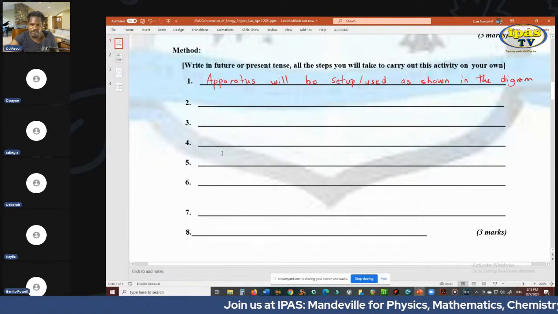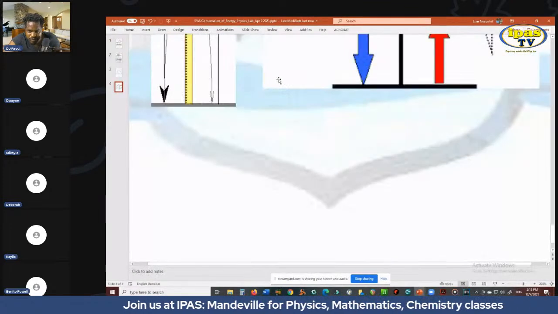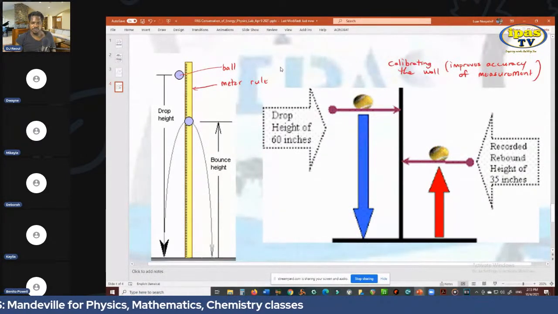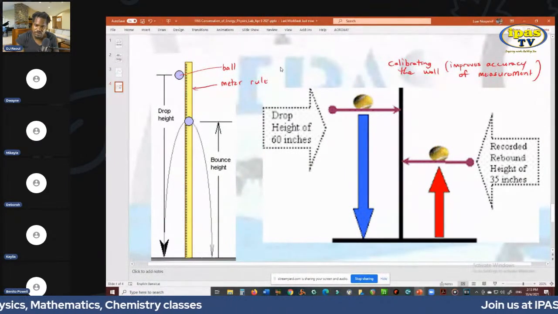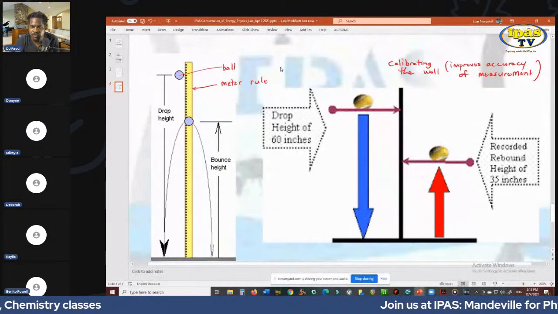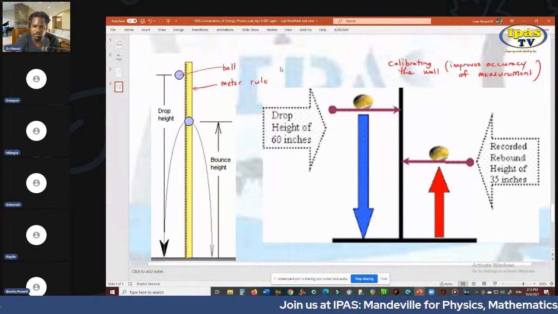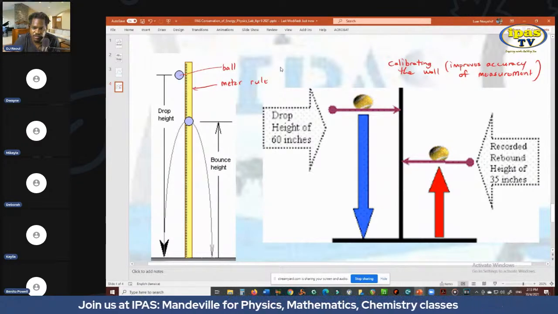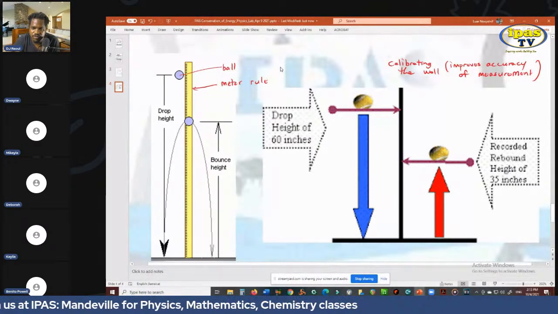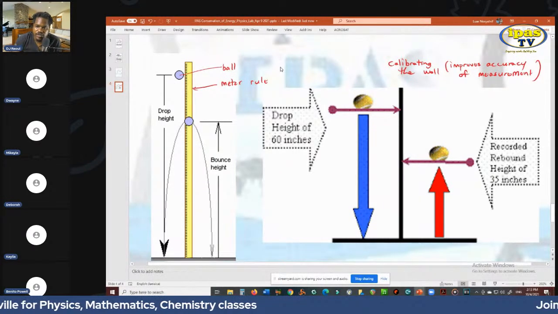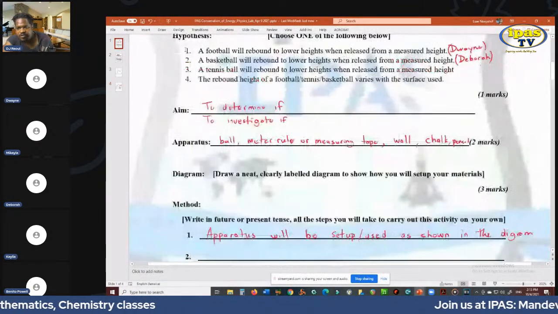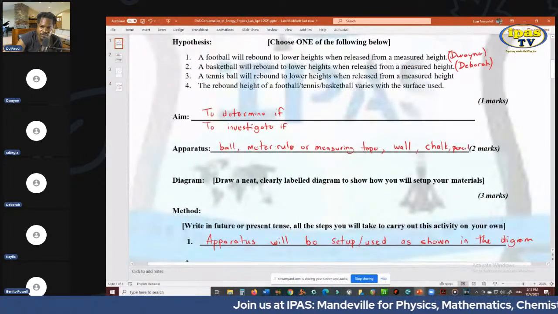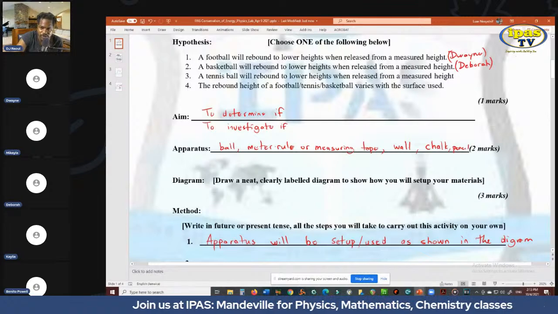Let's look at the diagram and see what we could get from this. We have all of these things: meter rule, ball, and then we're taking measurements here. So after you set it up like this, what's the first thing you do? Because if you go back to your aim, or your hypothesis, it is saying that in the case of doing zone, he's using a football.